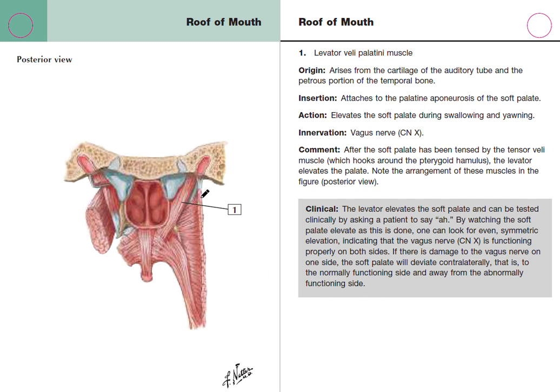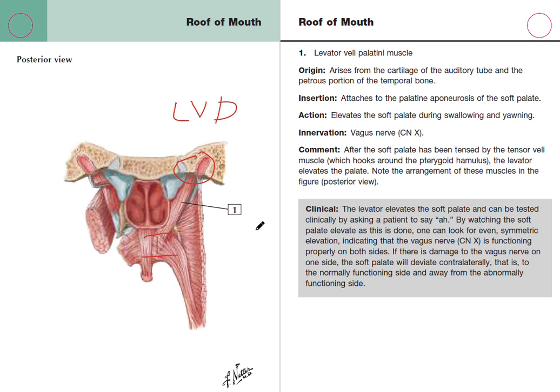Moving superiorly into the roof of the mouth, we can see here posteriorly the levator veli palatini muscle. The levator veli palatini arises from the cartilage of the auditory tube and the petrous portion of the temporal bone. It attaches into the palatine aponeurosis of the soft palate.